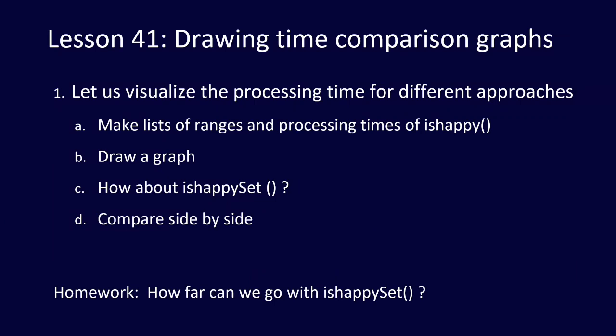So by using the new way, which uses a set, keeping the record of a set of unhappy numbers, we can do it faster. And we measured time and visualized by comparing the two graphs.